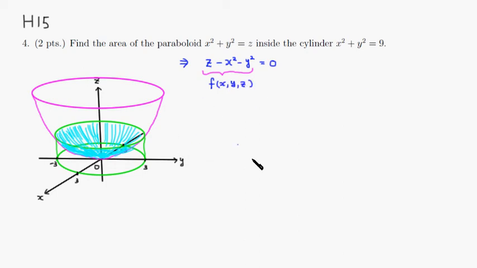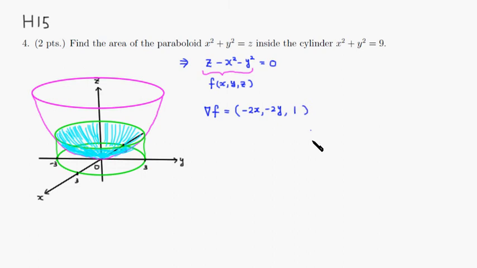First we're going to find the gradient. The gradient of f: the partial with respect to x is -2x, with respect to y is -2y, and with respect to z is 1.